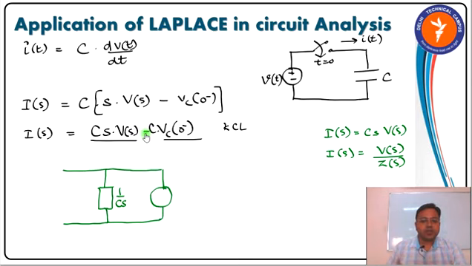Now see, because of this minus sign, this current must oppose this current. If this current is coming from this side, then this current must oppose it in this direction. So in order to justify this minus sign, I am mentioning this current in the opposite side, and its value will be C times Vc(0-).